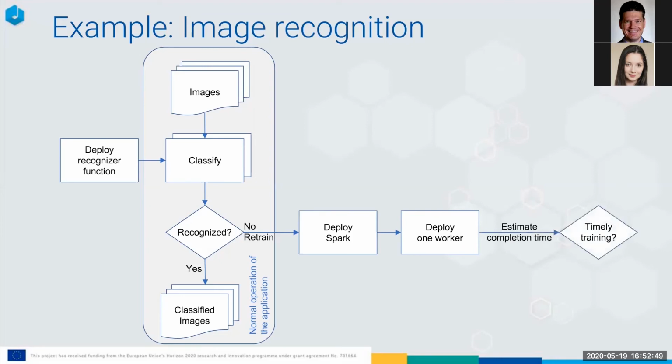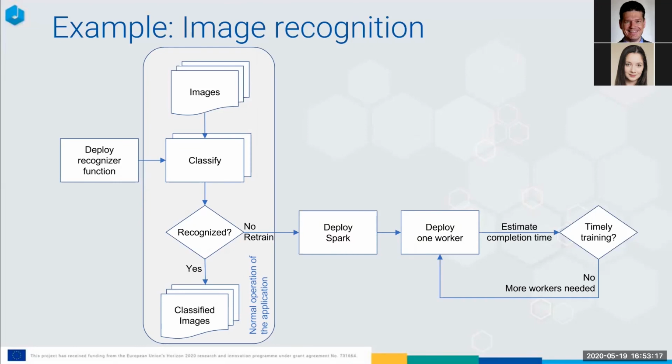Then you will, of course, estimate the time it takes for processing some data sets, and you will see if this will allow you to timely train the classifier for your application needs. If this is not the case, then you will give more workers to the Spark training, and these workers will then be automatically taken into consideration by Spark, and the estimated time should go down.